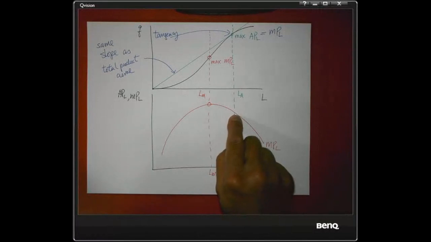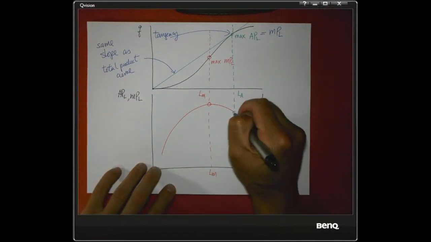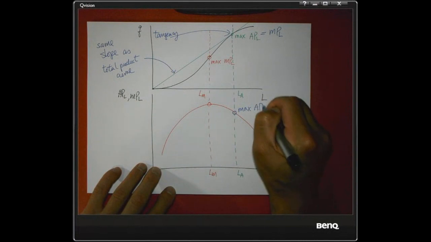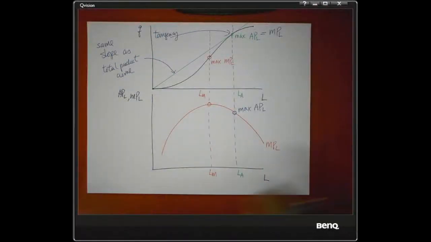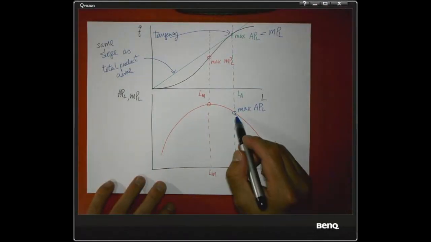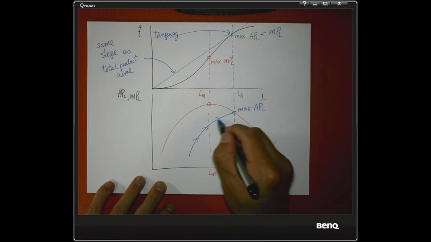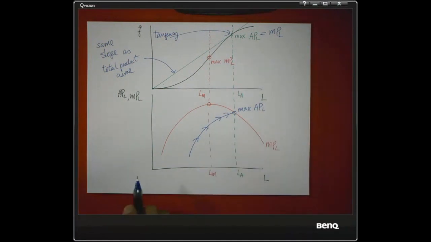At this point, we know this is the maximum average product of labor. In other words, before we reach this point, the average product must be rising, which is exactly what we said.